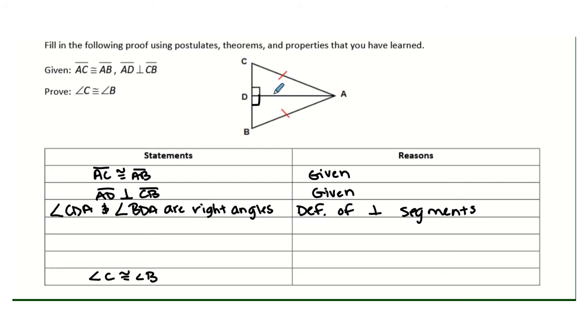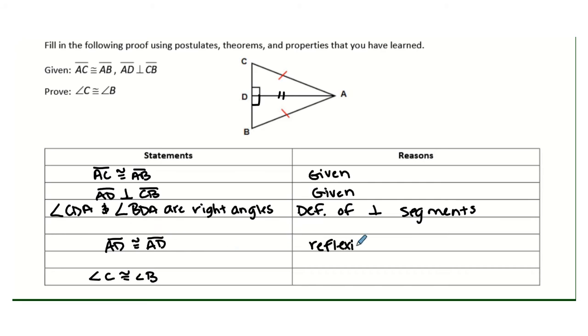This side is a part of both triangles, so I know by the reflexive property that this side is congruent to itself. So I can say that line segment AD is congruent to line segment AD by the reflexive property.